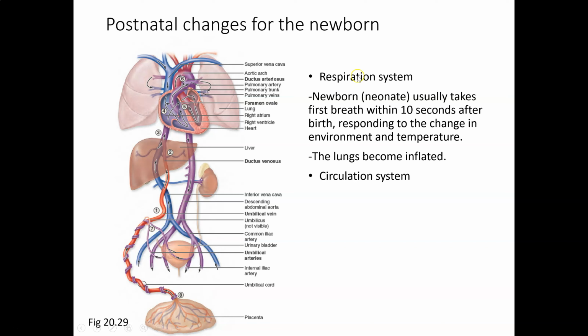They get all the respiratory gases from the placenta. Remember, the placenta is where you have the exchange of respiratory gas. You have the umbilical artery carrying the deoxygenated blood from the fetus to the placenta, where it gets oxygenated, then becomes the umbilical vein. So that is what happens in the fetal stage.